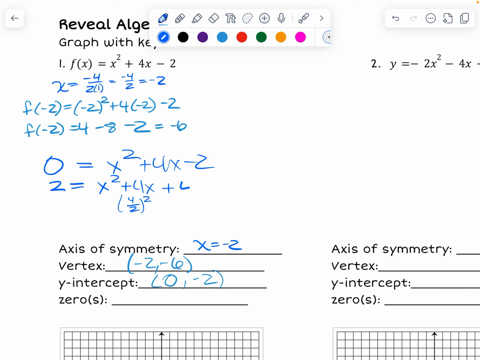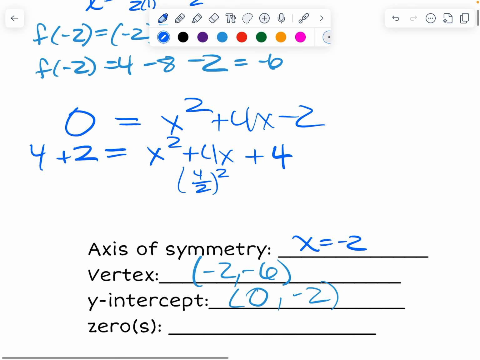So that's going to get me plus 4. Is that right? Take half of that, yep. So that is going to get me 6 equals x plus 2 all squared.